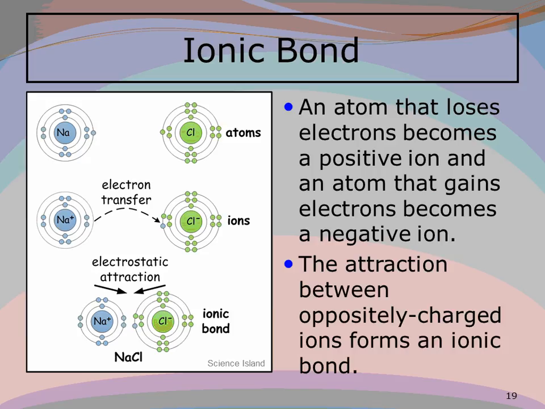Then those opposite charges, sodium now carrying a positive charge, chlorine now carrying a negative charge, that's what attracts them to each other, kind of like magnets. So they're ions, each carrying a charge, because they gave away and took electrons. Now that opposite charge pulls them together. And that's what an ionic bond is.